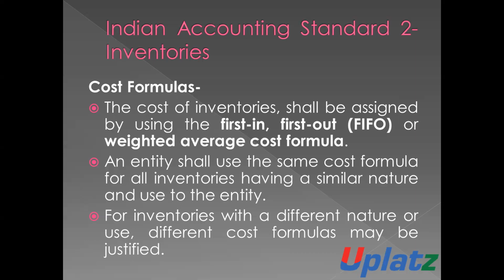The entity shall use the same cost formula for all inventories having a similar nature or use to the entity. That is, when an entity has the same nature of material, the same cost formula should be used by such organization for the calculation of the cost of such inventory.